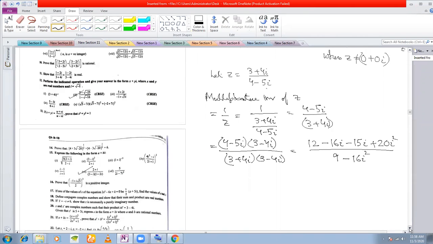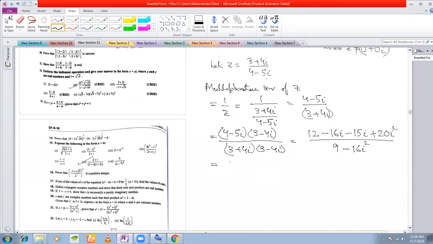This actually comes to 25 in the denominator. And the numerator, what you get? This 20i square is nothing but minus 20. 12 minus 20 is minus 8 minus 31i divided by 25. So you simply get minus 8 by 25 minus 31 by 25 times i. This is what your multiplicative inverse of z is.